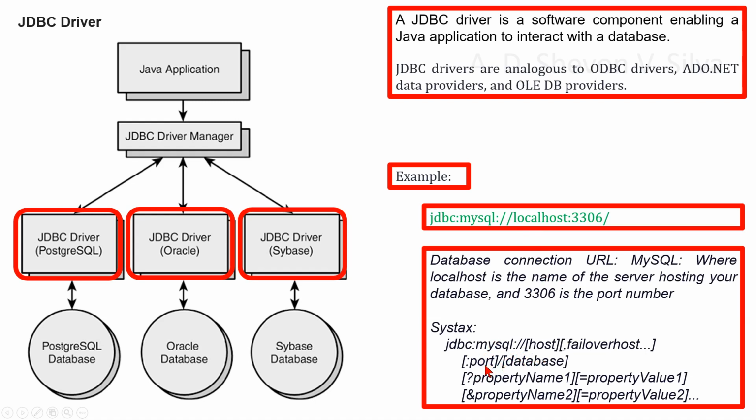If not specified, the default values of host and port are 127.0.0.1 and 3306 respectively. Database is the name of the database to connect to. If not specified, the connection is made with no default database.